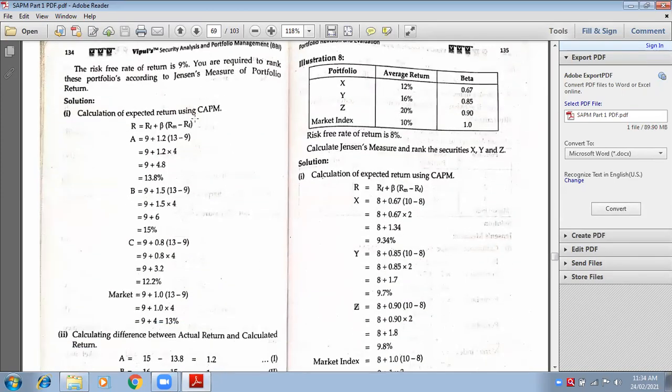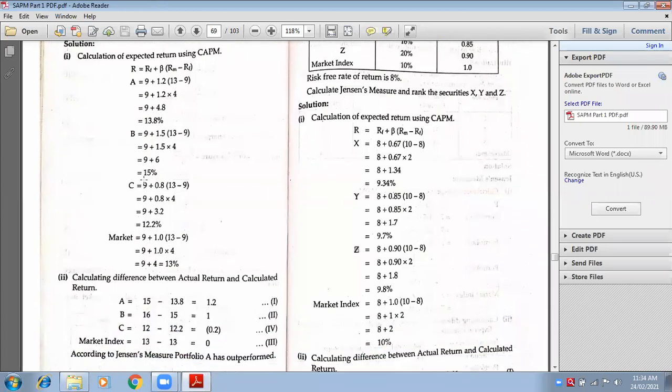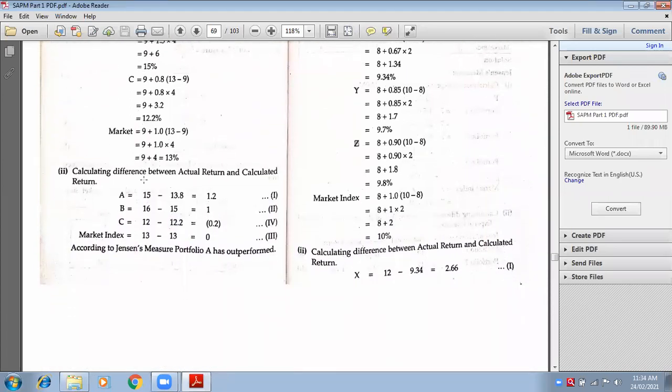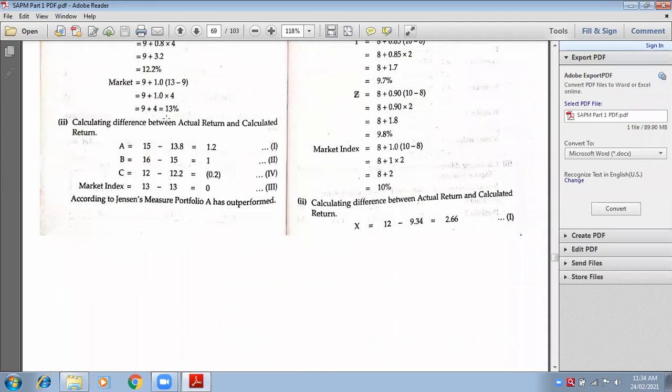But according to the CAPM method, according to the Jensen measure, how much should it be? It should be 13.8. But I earned 15 percent, which is more than what is expected. So here I will calculate the difference between actual and calculated returns. There are two steps.